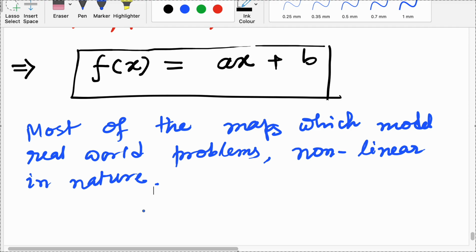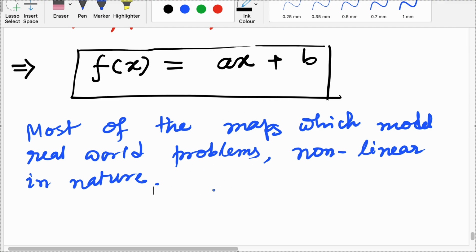If I start from an initial condition, will it eventually hit the fixed point, or will it go further away from the fixed point? There is no way to analyze that for a non-linear map.